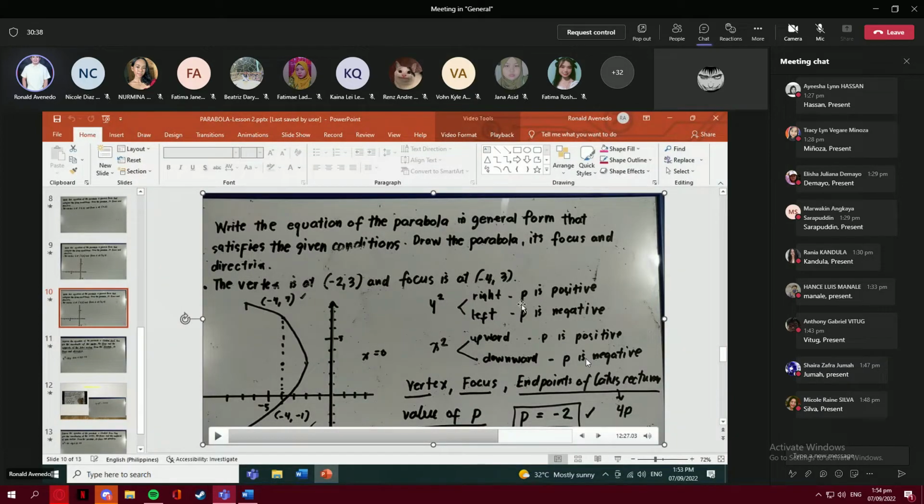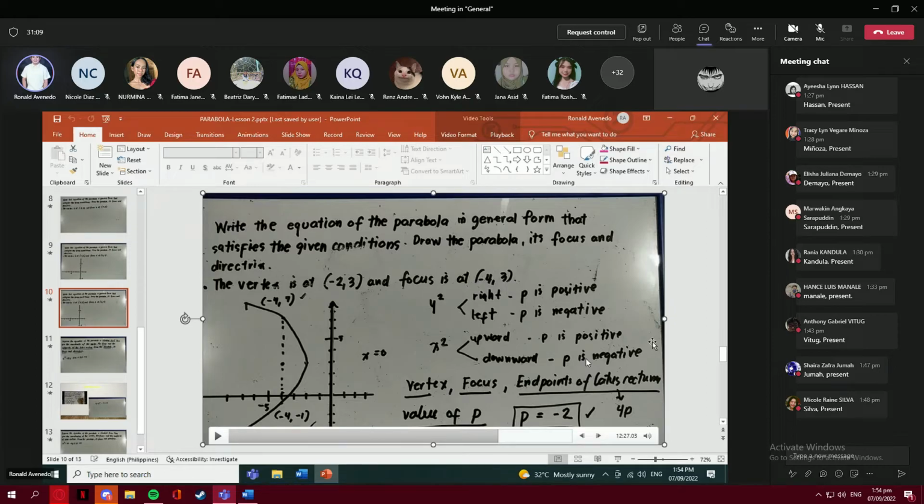Parang from the beginning of latus rectum. To find the endpoints of latus rectum, we will just multiply our p by 4. Disregard the sign. Since our p is -2, kindly turn off your mic. So we will consider the value of our p.